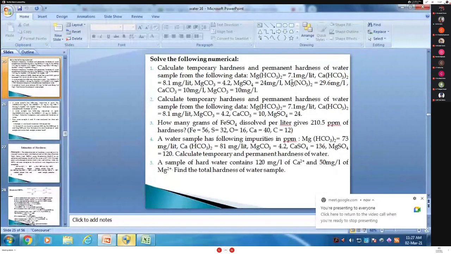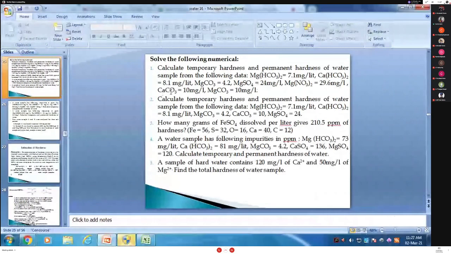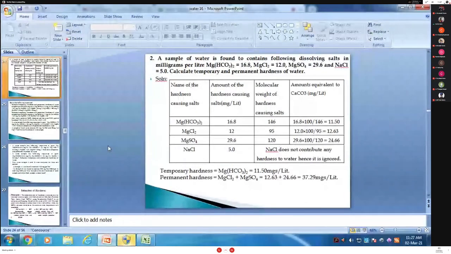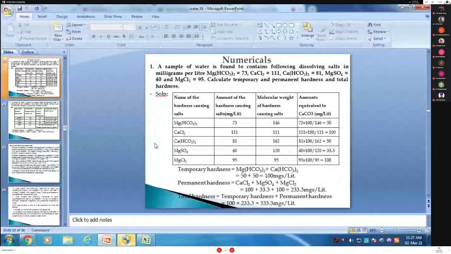Magnesium bicarbonate 7.1 milligrams per liter, calcium bicarbonate 8.1 milligrams per liter, magnesium carbonate MgCO3 4.2, magnesium sulfate 24, magnesium nitrate 29.6, CaCO3 10 milligrams, MgCO3 10 milligrams. Write down the problem carefully, and find the temporary, permanent and total hardness of water.